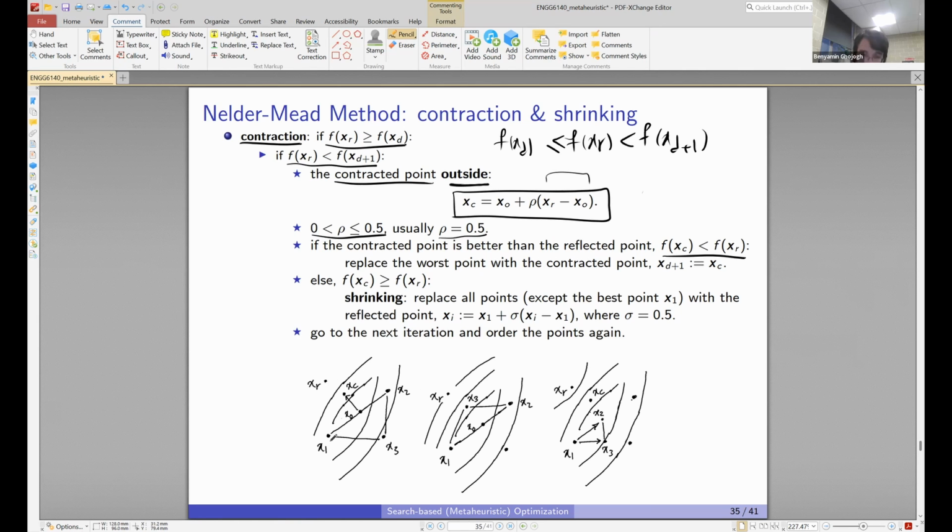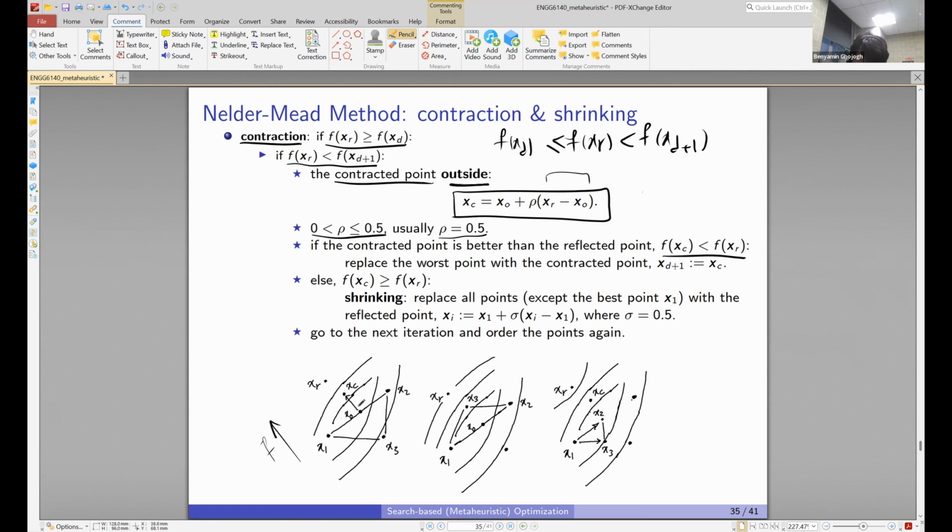So XR is worse than both X1 and X2. But in this case, it's better than X3. XR is better than X3. So probably F is decreasing in this direction. F is decreasing in this direction. So it's good to reflect the simplex, but how?